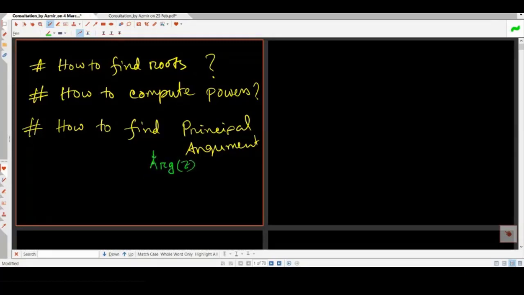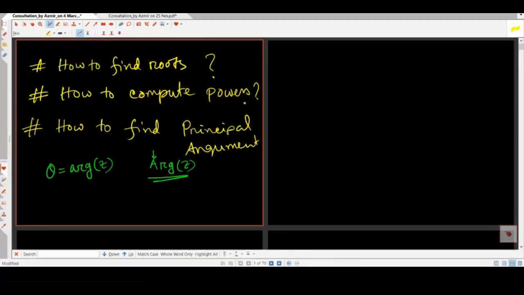Here you can see the capital letter A. That is the difference from a small a, arg z. So this is called the argument theta, and this one is called the principal argument.